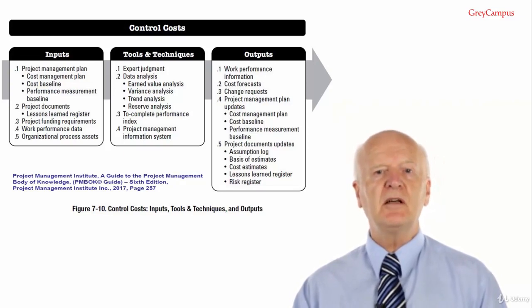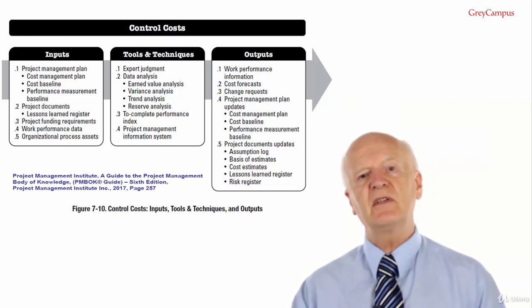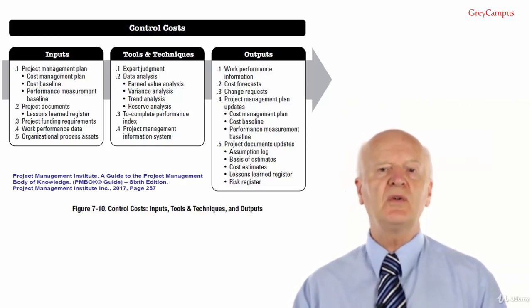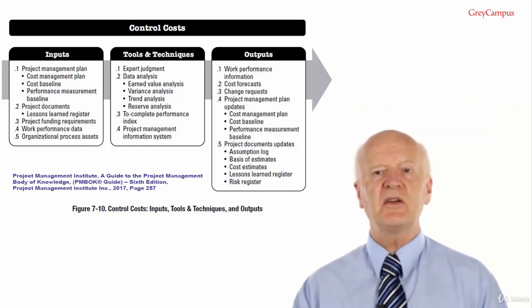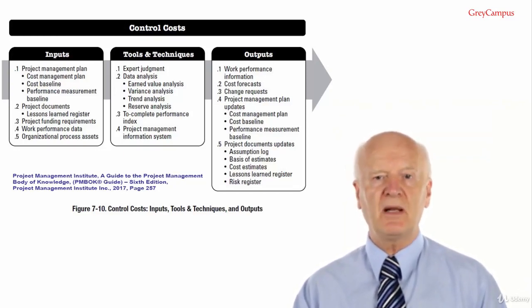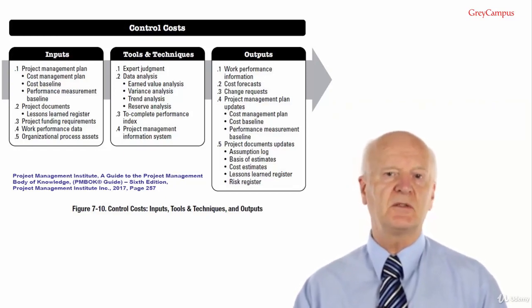Therefore, the budgeted amount at the end of day 3 was $3,000. The planned value for the entire project is called the budget at completion, the BAC, because that is the total amount you had planned or budgeted to spend at the completion of the project.